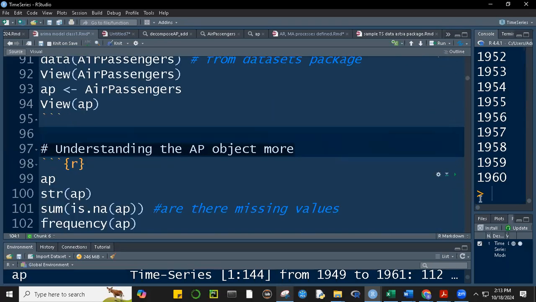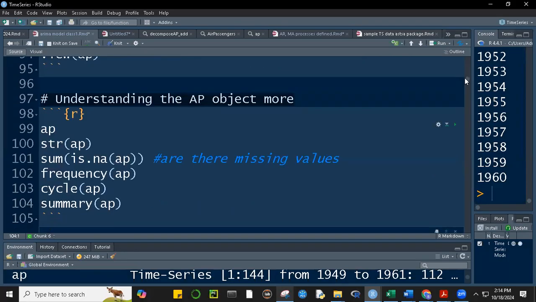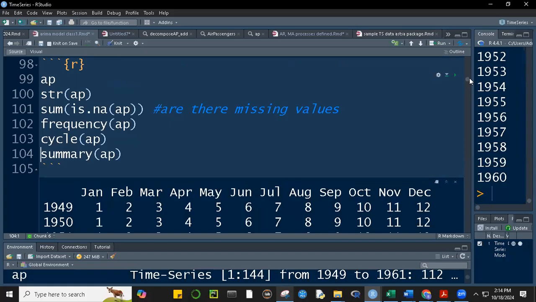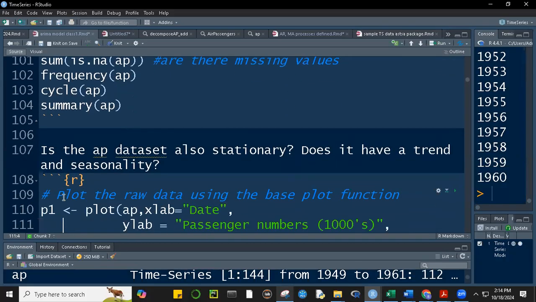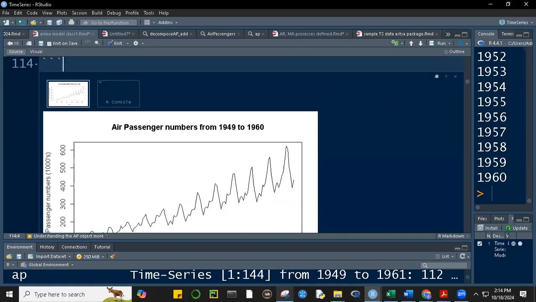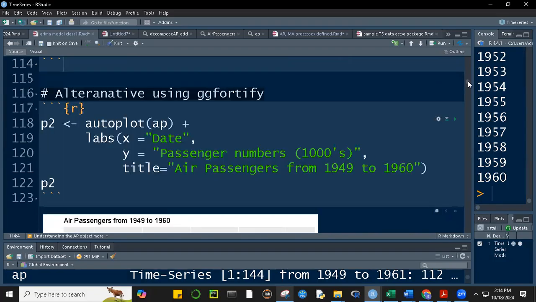Okay, and I'm going quickly over this, class. Let's plot. Is this stationary? Definitely not, class. I don't think I have shared this yet.